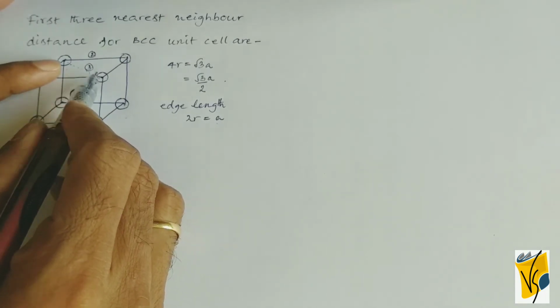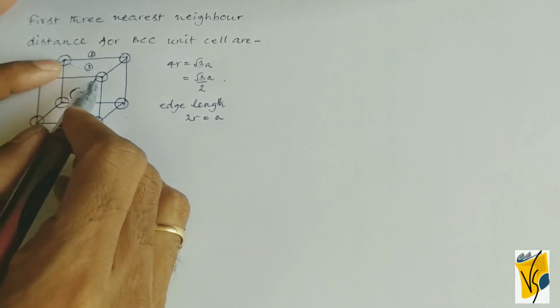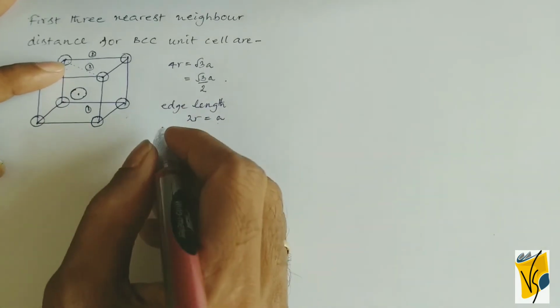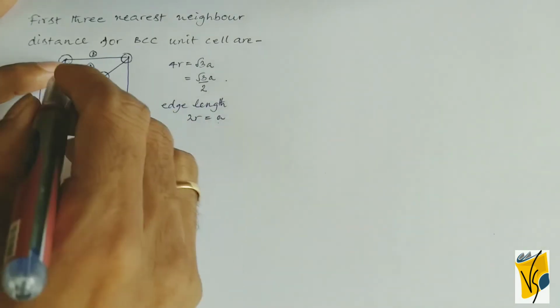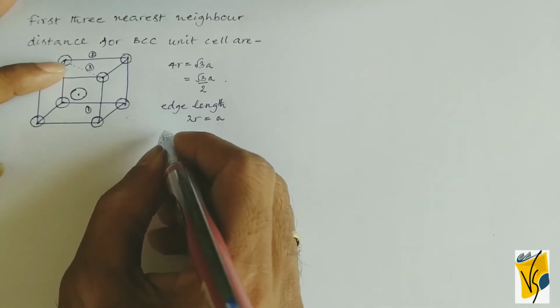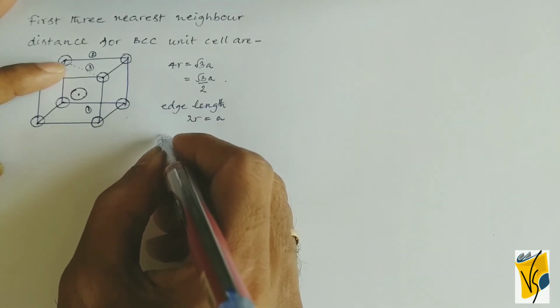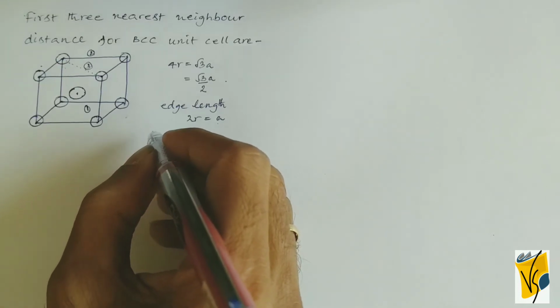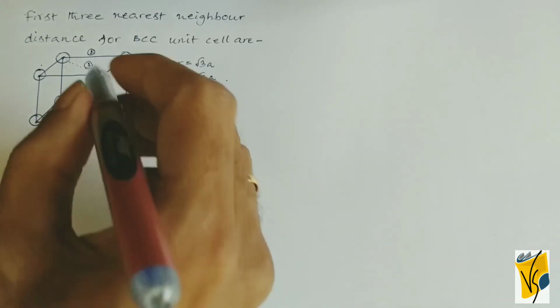The third nearest neighbors will be present in the corners again, and the distance is the face diagonal length, and face diagonal length is equal to what? Face diagonal length is equal to root 2a, right?